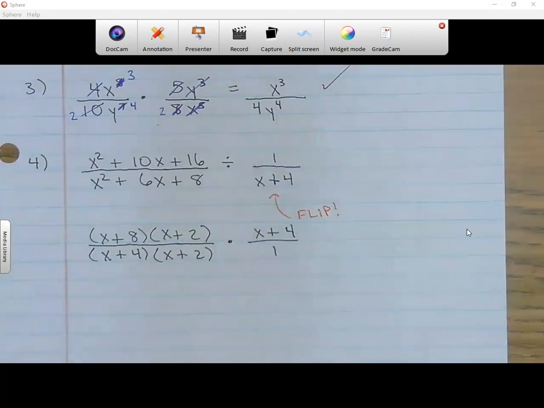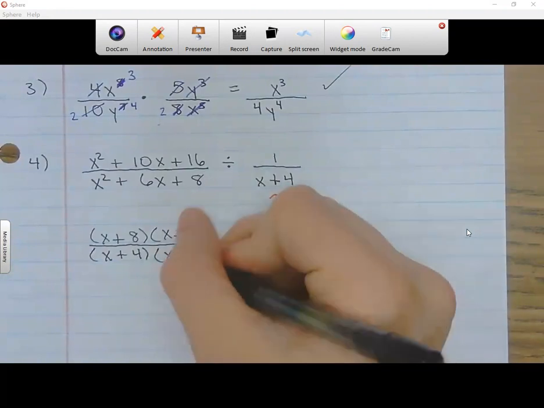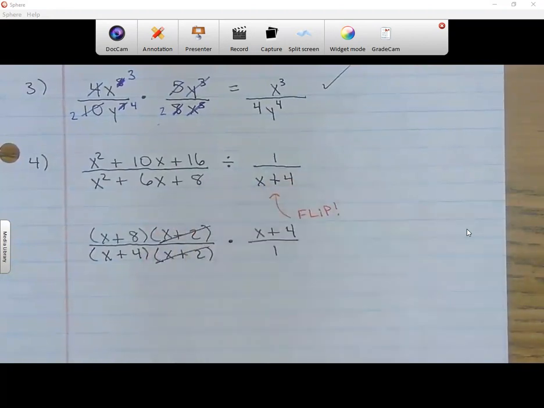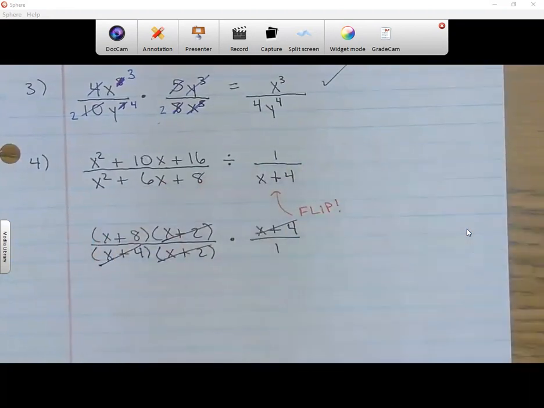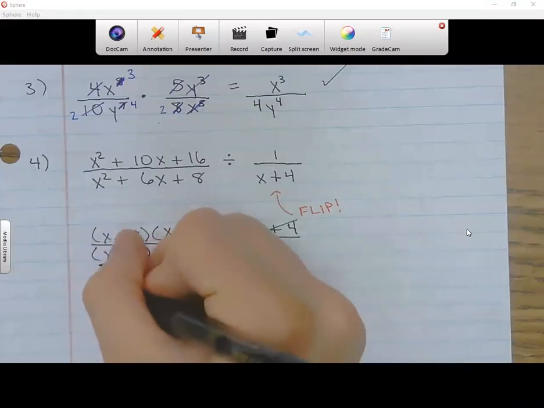Okay, so now what can I cross out that's the same on the top and bottom? We already talked about the x plus 2's, so those are gone. We can also cross out the x plus 4's, right? So now I've canceled out everything that I can possibly cancel out. So what do we have on the top after all this? We have x plus 8.